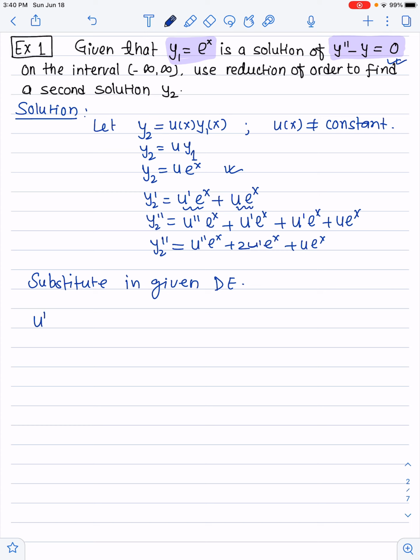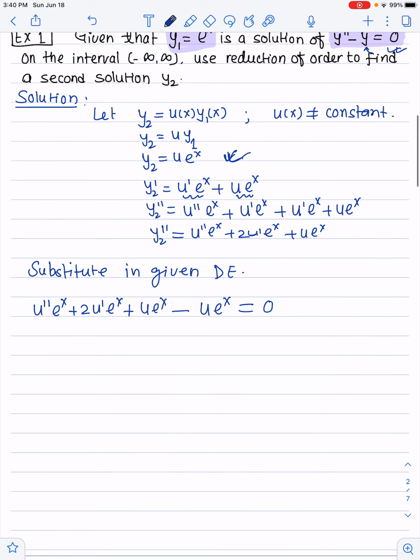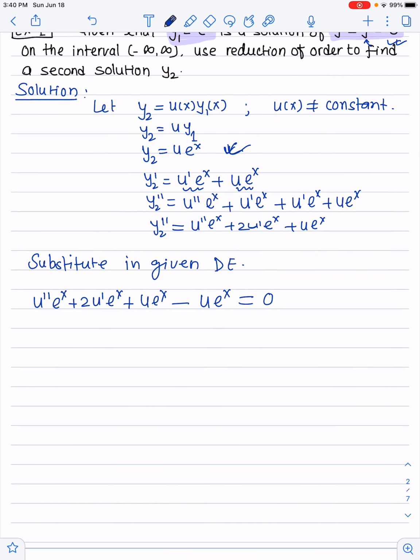So it will be u double prime e to the x plus 2 u prime e to the x plus u e to the x minus y. We need to plug in this y as y2. y2 is this value, so it will be u times e to the x equals 0, because y2 satisfies the given DE.